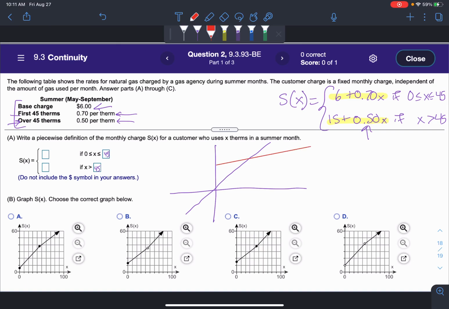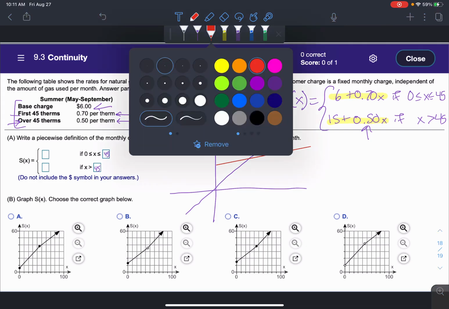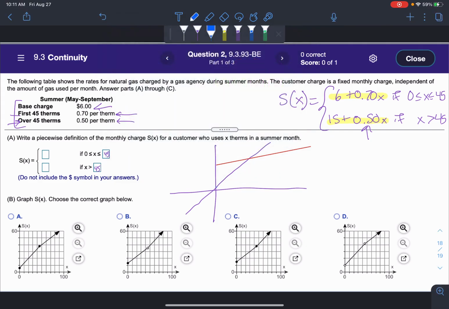So our function, our s of x, would be the combination of the two. It would be something like this, which matches what we see below, right? So that's how I get the piecewise function if I combine the two.